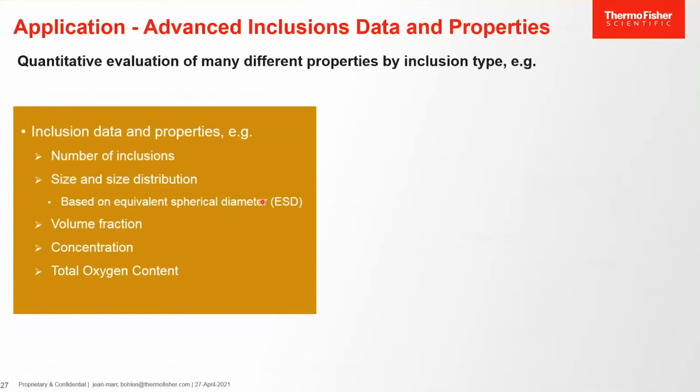This size is what we call the equivalent spherical diameter, or ESD, because optical emission is a three-dimensional technique that allows us to see not only the inclusions from the surface, but also in the volume. What we can also typically evaluate is the volume fraction for different types of inclusions, their concentration, and also a special application is a determination of the total oxygen content.